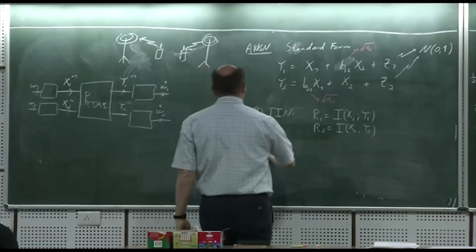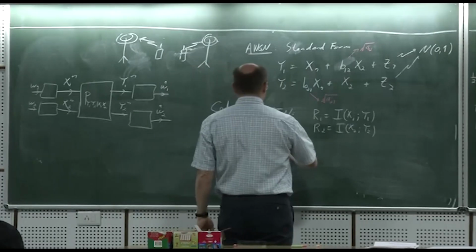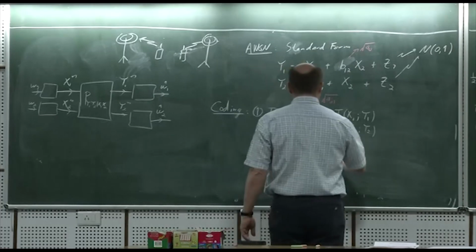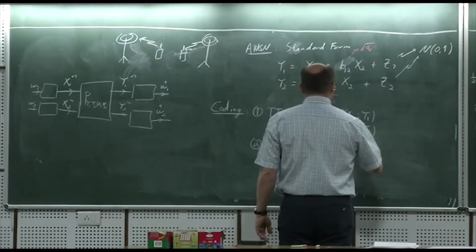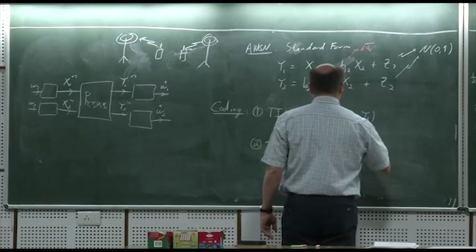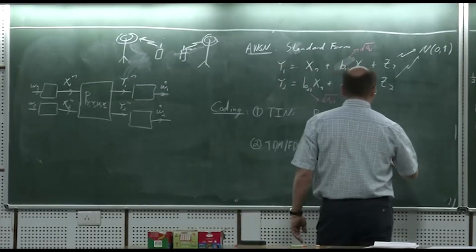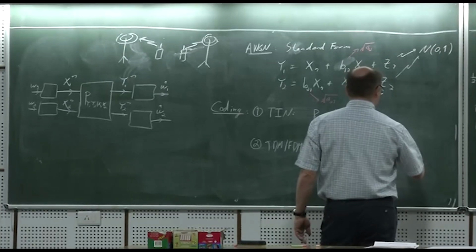We talked about TDM, FDM, so that R1 is some tau times I of x1, y1 given x2 is some value like 0.